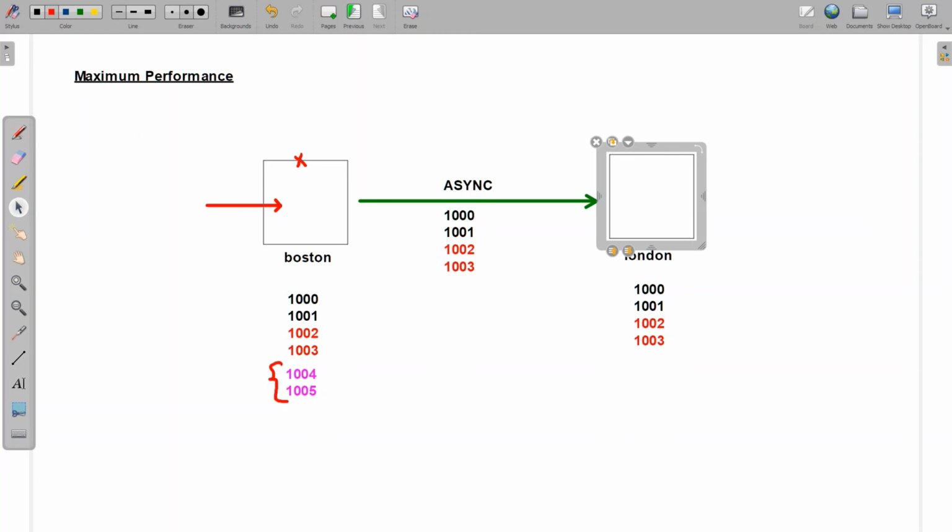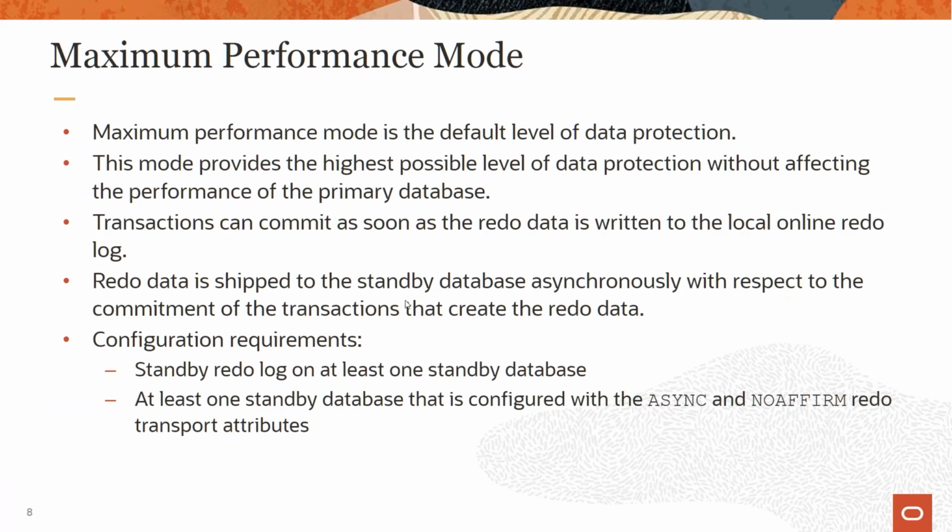So let's go back to the slide. Okay, so we have maximum performance. It is the default level of data protection. This mode provides the highest possible level of data protection without affecting the performance of the primary database. Transactions can commit as soon as the redo data is written to the local online redo log.